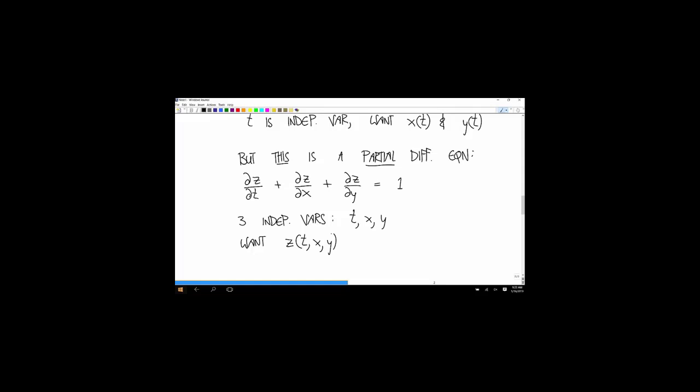So the difference between those two things is, are we looking for functions of one variable, or are we looking for functions of multiple variables? And you can tell what you have based on what you're taking derivatives with respect to. If you're taking derivatives with respect to a single thing, it's an ordinary differential equation.